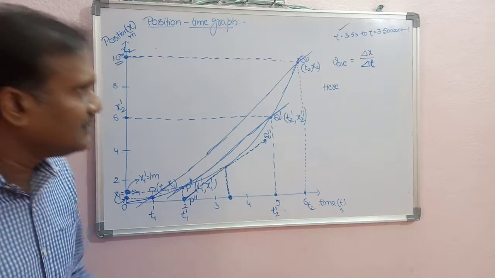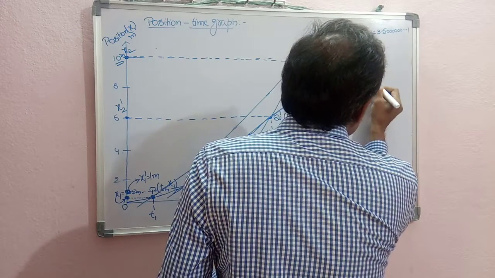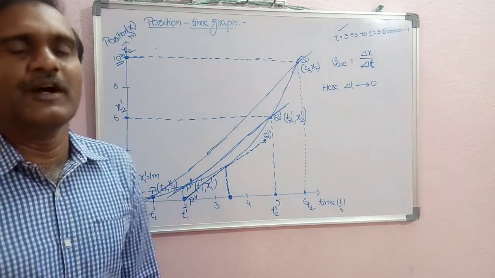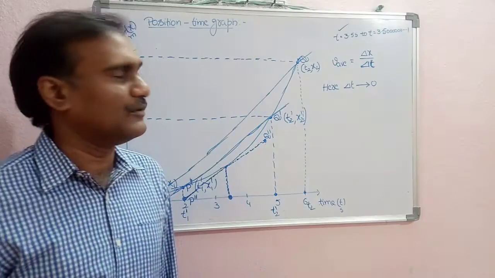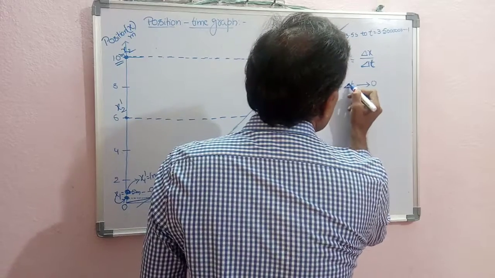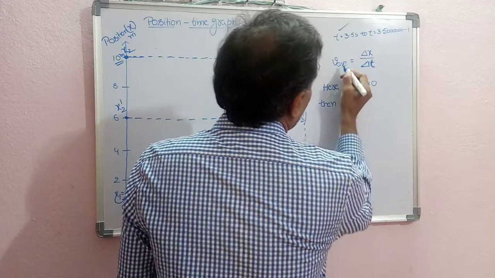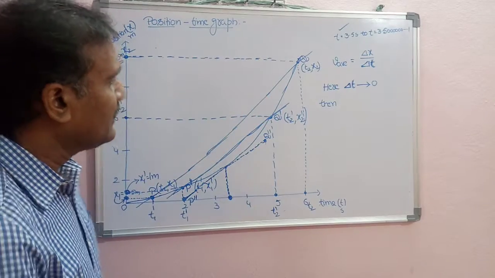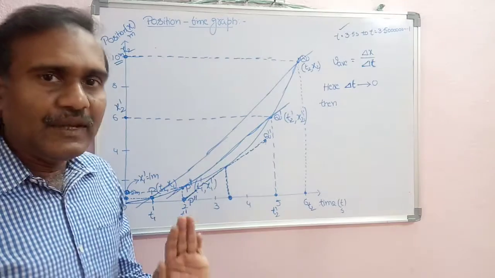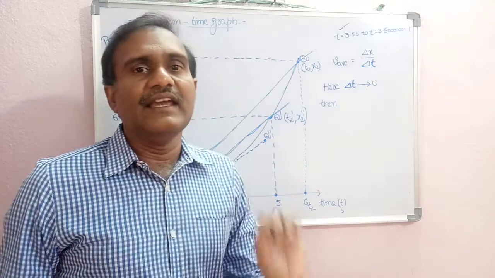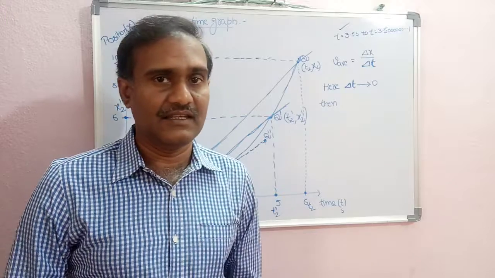That's why I am saying that if the time interval tends to 0, say 0.00000000001 second, nothing but it tends to 0, then the average velocity or average speed can be named instantaneous speed or instantaneous velocity.